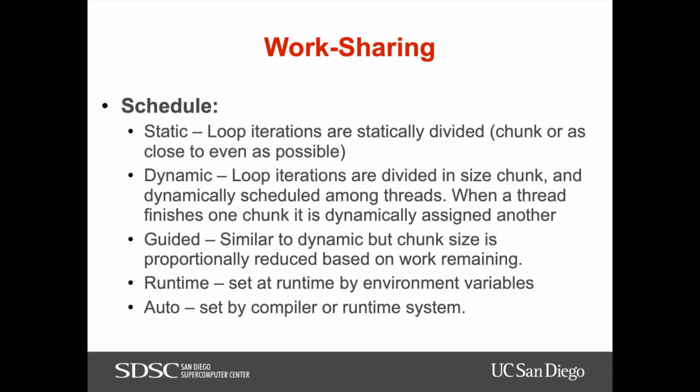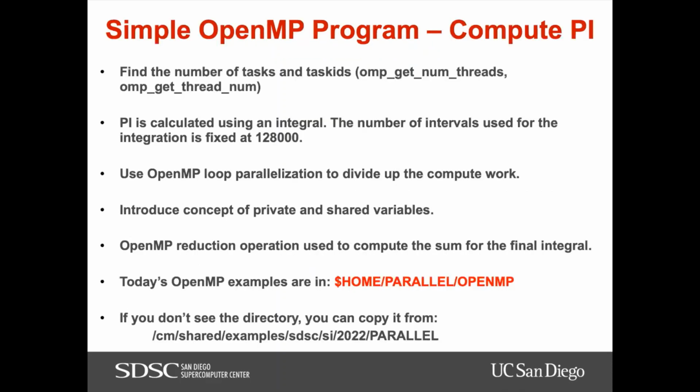And then at runtime, you could set this using environment variables, or you can just let the compiler or runtime set it automatically. So we looked at a lot of things that are parts of an OpenMP program. Let's start by looking at a simple program that computes pi.